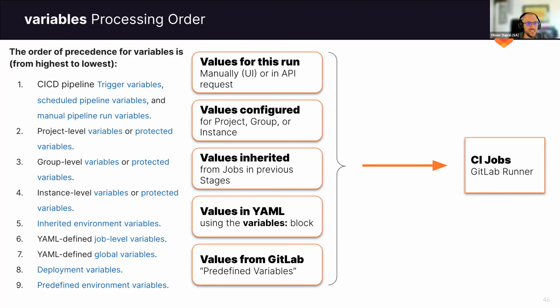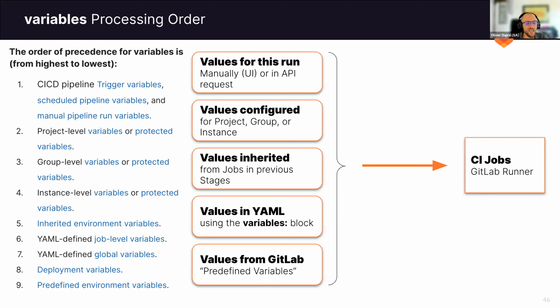We have all the CI/CD pipeline variables, which are the trigger variables, the scheduled pipeline variables, and any variables that you define manually when you're executing a pipeline. You will see that when you execute a pipeline, you have a blue button on the top right corner of your screen saying Run pipeline. And when you click on that, you can define a variable. And these are the most important variables for your pipeline execution.